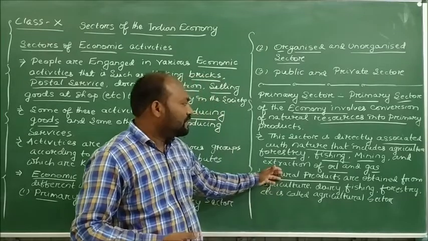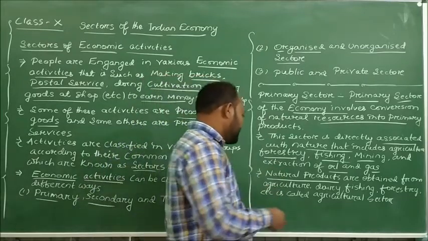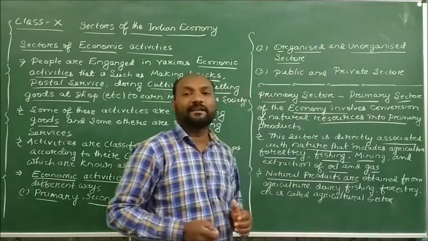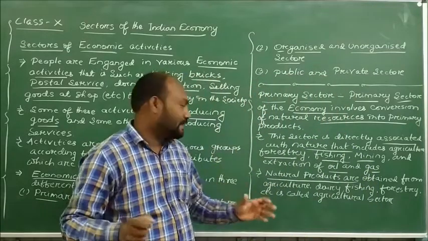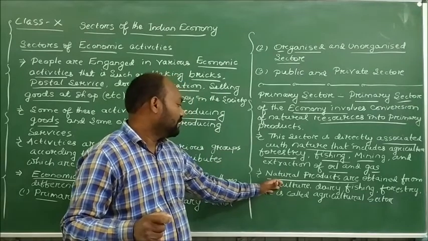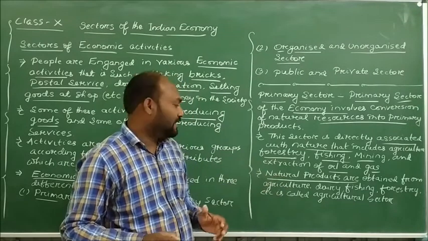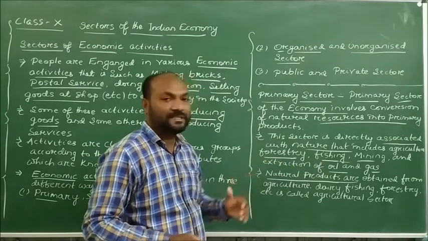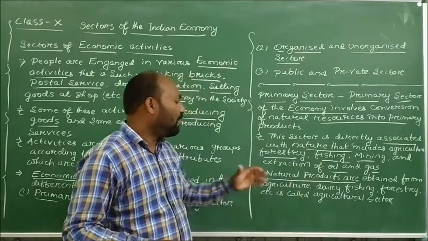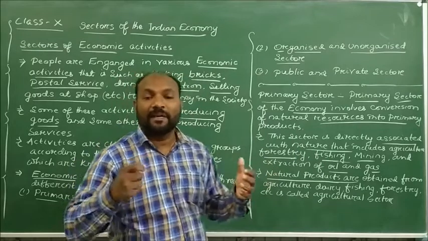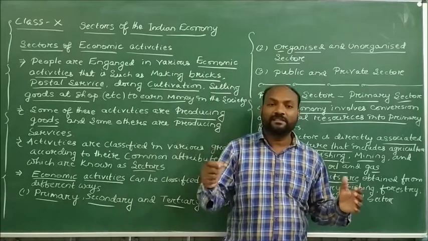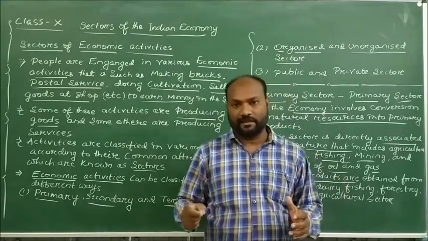In the primary sector, the natural products are obtained from agriculture, such as dairy products, fishing and forestry. All these come under the primary sector or agriculture-related sector.